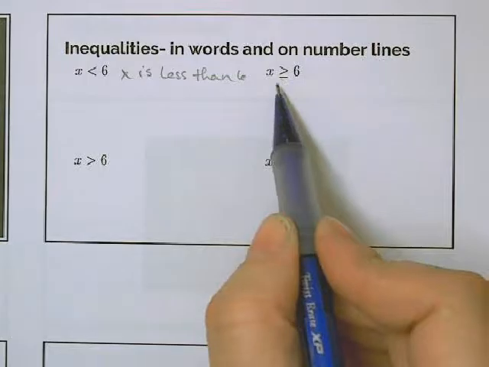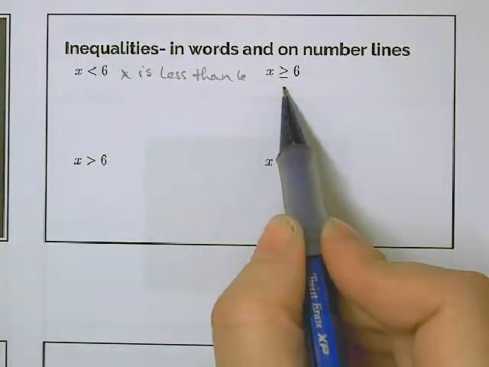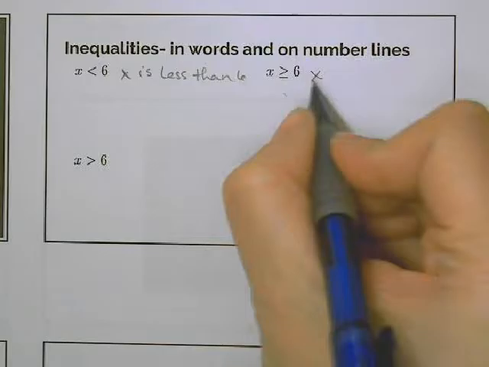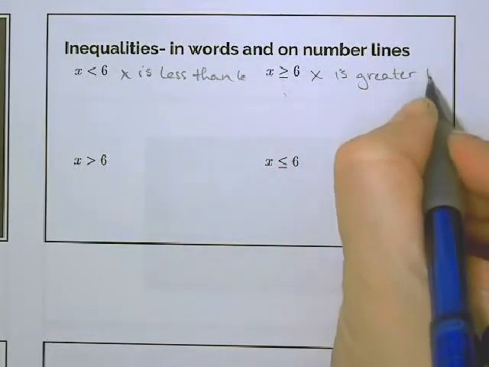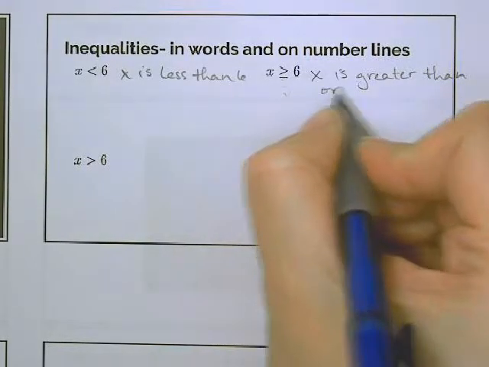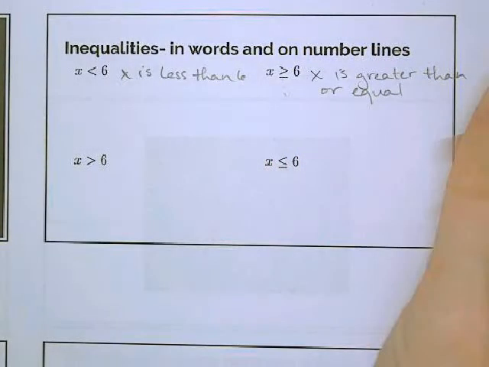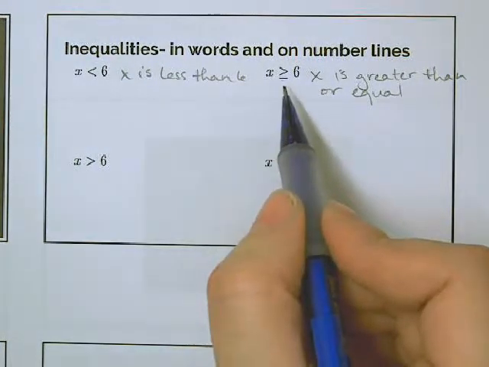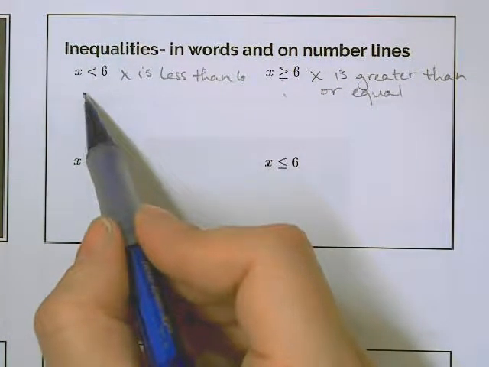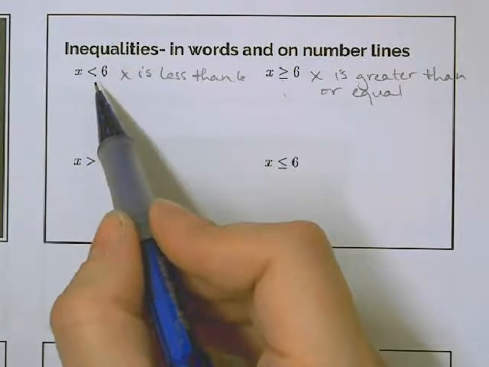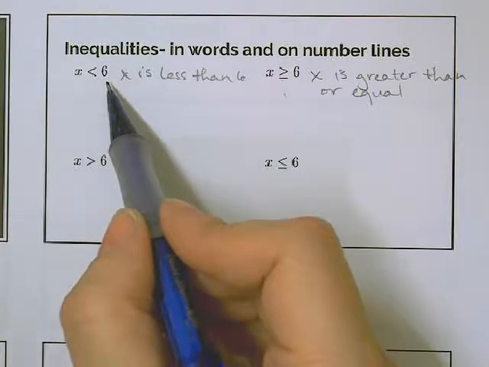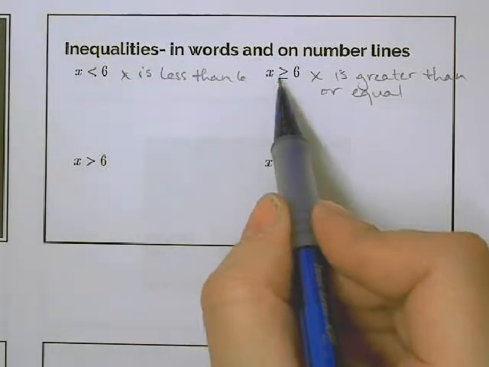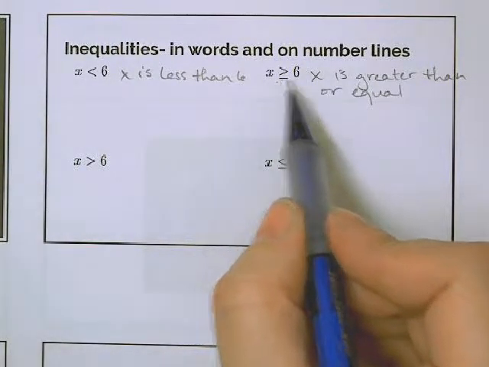But now we also have this line underneath it that says or equal to. The difference between having that line, the or equal to, and not, is that that changes what x can be. In this particular case, x cannot be 6. So x is less than 6, so it can be everything up to 6, but it cannot be 6. With this one, x being greater than or equal to 6, that means 6 is in that solution set.